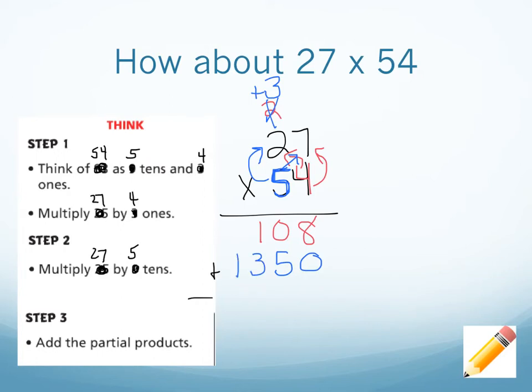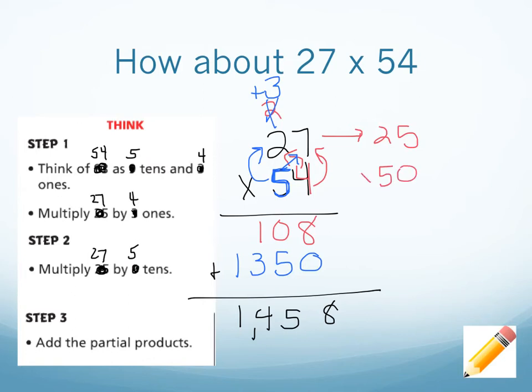I add my partial products to get my final answer of 1,458. If I want to estimate to check, I may use the compatible number of 25 for 27 and then round 54 to 50.